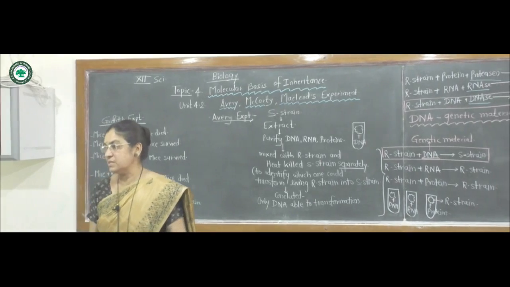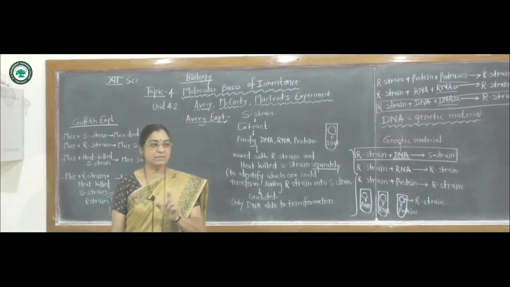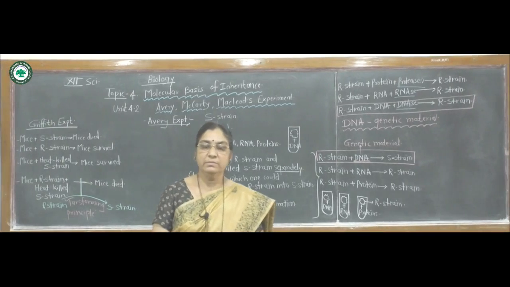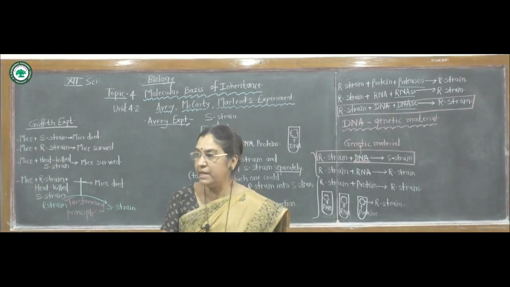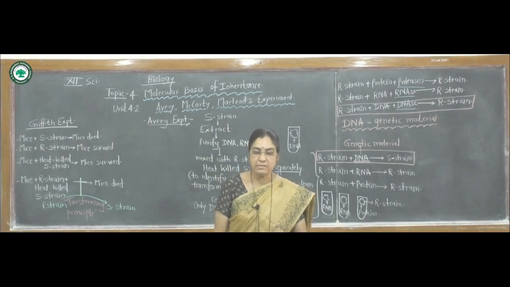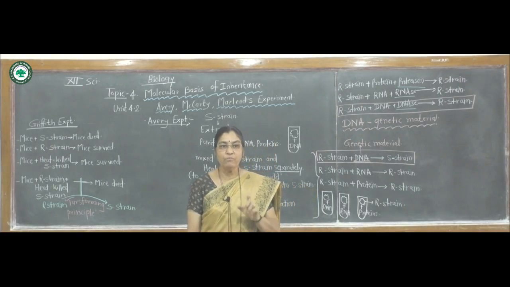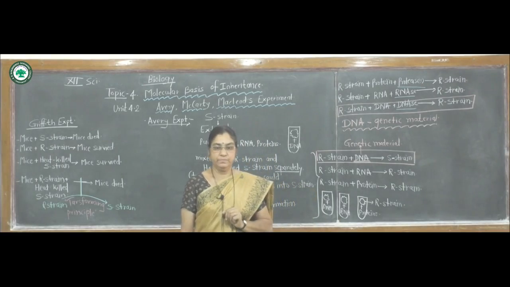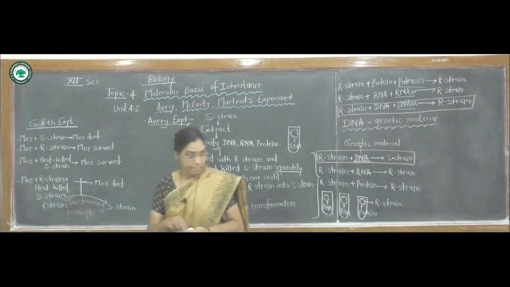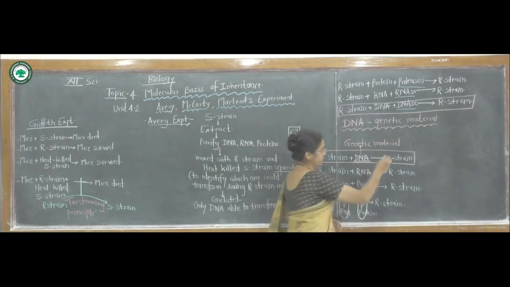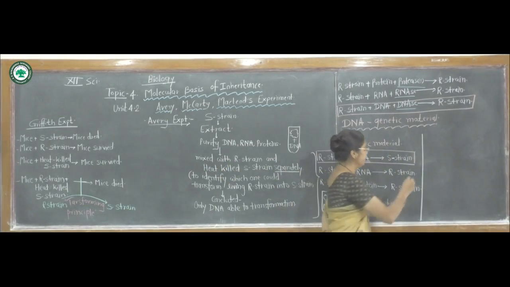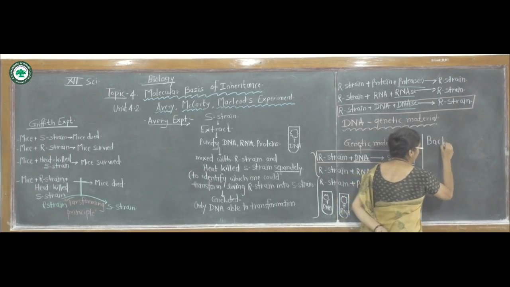Hershey and Chase were cytologists who worked again to prove the genetic material must be the DNA by using bacteriophages, the bacteriophage virus. I will only give short information, and then in the next lecture I will explain in detail.